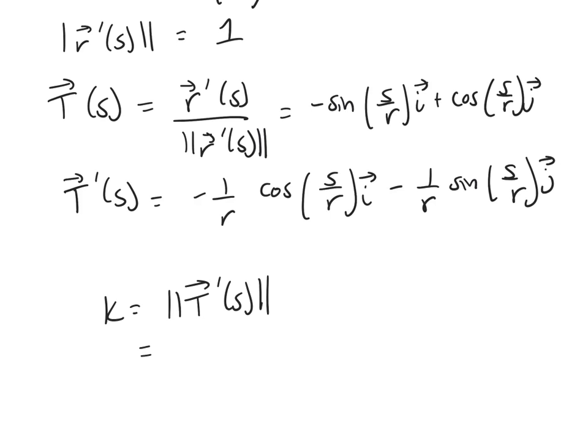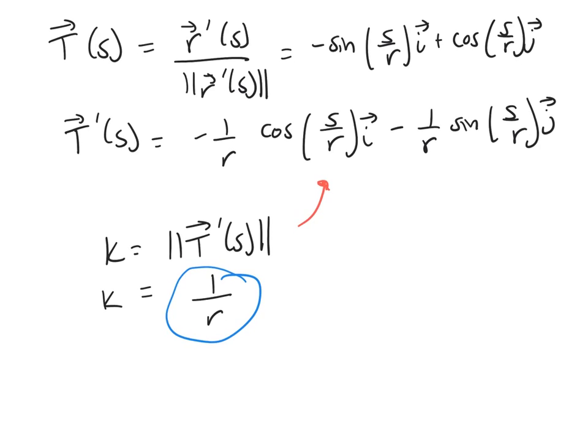So I take the magnitude of this vector right here. If you take the magnitude of that vector, it's going to be 1 over r. And there's my curvature, and I've verified the curvature is 1 over r.